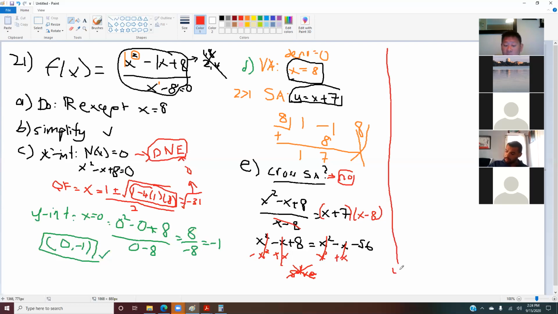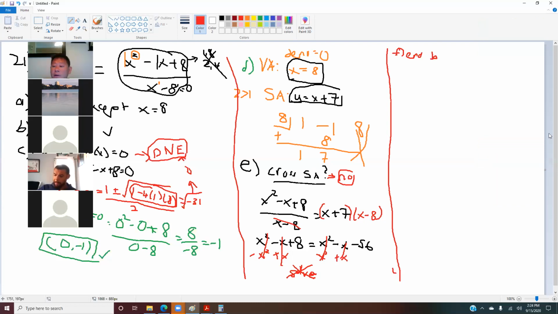If it's solvable, then you tell me the coordinates, x equals something. And end behavior. So how do you figure out end behavior in this case? You use 8.